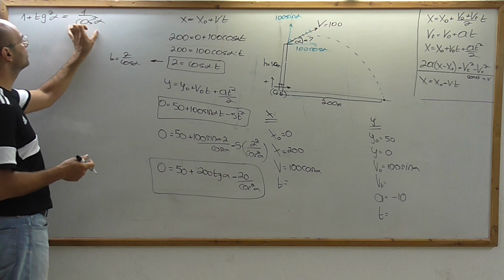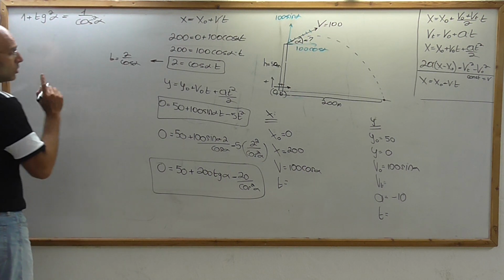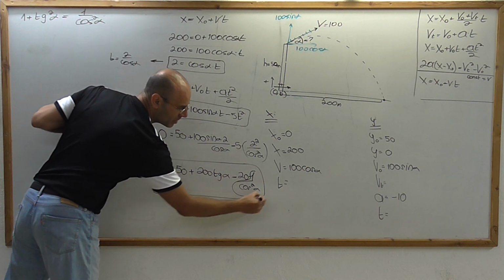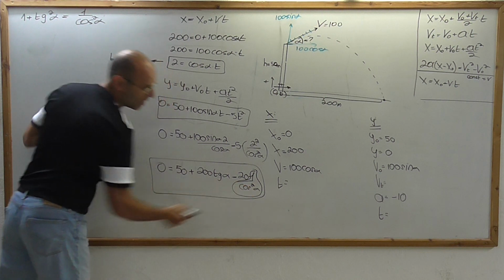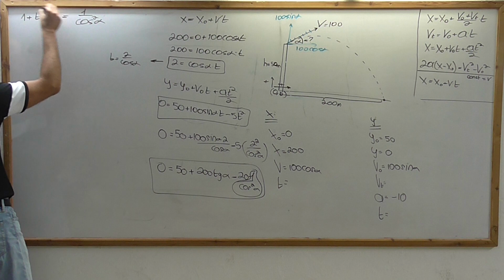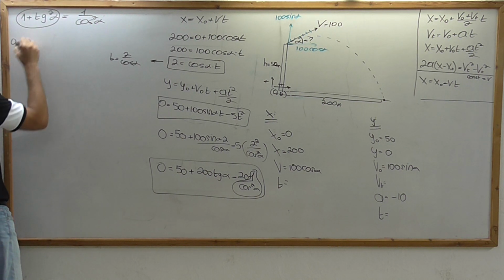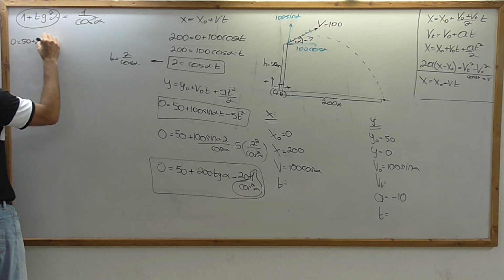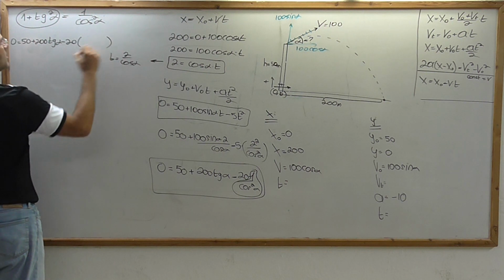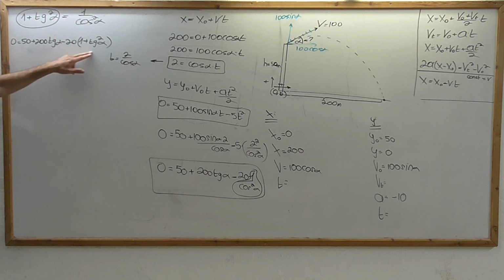This is a known fact in trigonometry. So what I can do, I have here 1 over cosine squared alpha, so instead of this, I can write that. So I'll get 0 equals 50 plus 200 tangent alpha minus 20 times 1 plus tangent squared alpha. Now I can solve it.